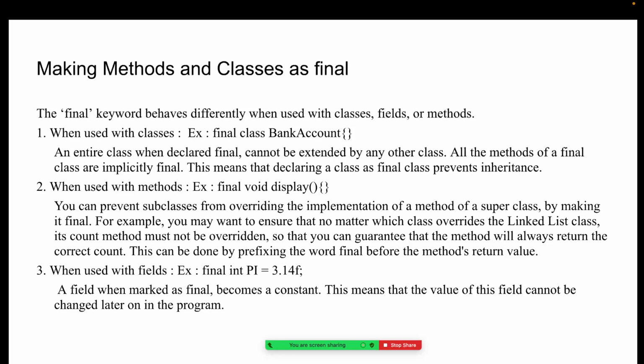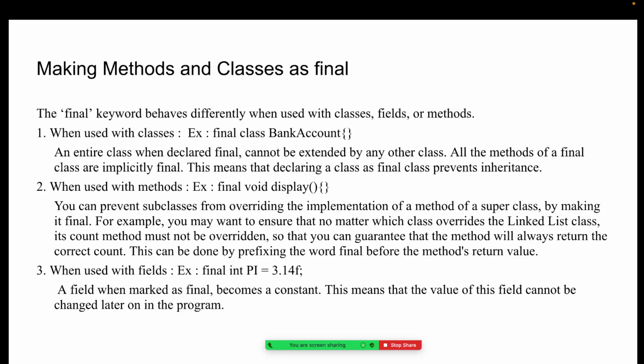When we declare a class as final, any final class cannot be extended by any other class. Suppose we have a final class Grandfather, and then we create a class Parent extends Grandfather.